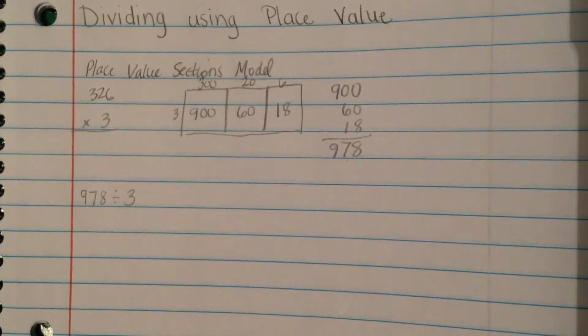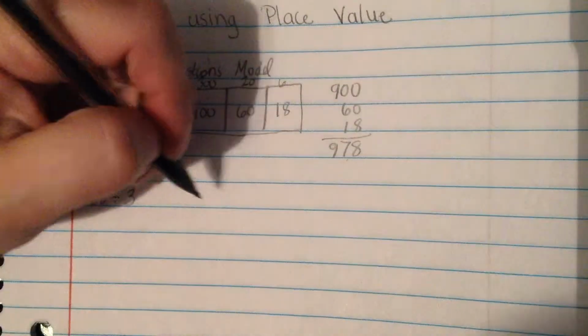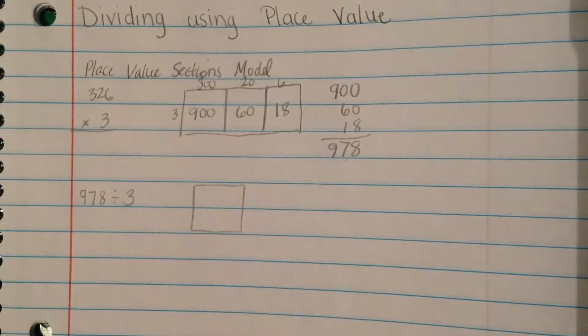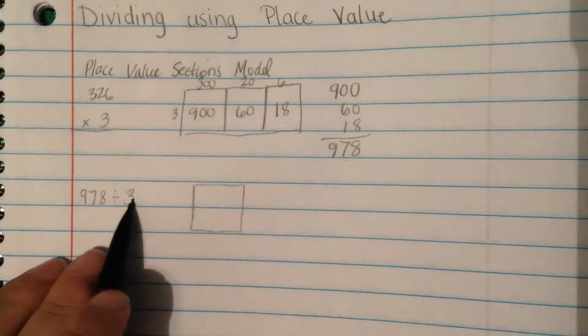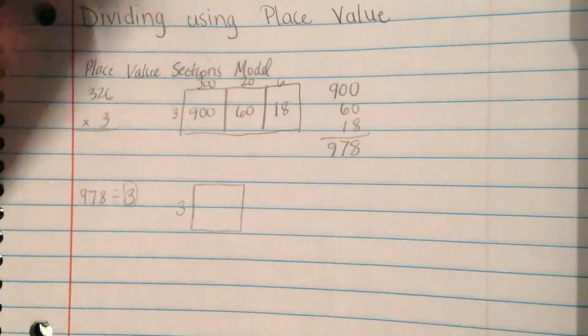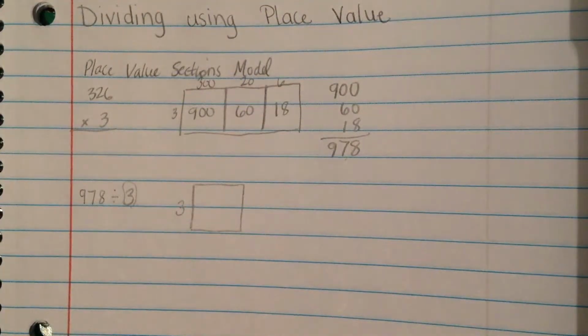The first thing that you're going to do when you draw a place value sections method is to draw your first box. It's one box. Okay. My divisor is going to go on the outside of the box, just like it does in multiplication.